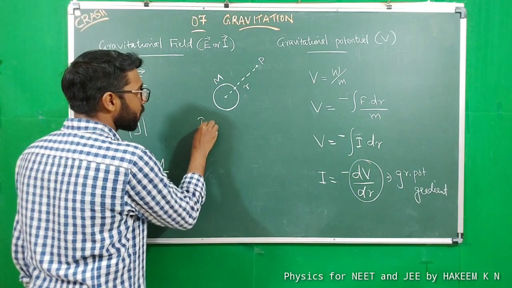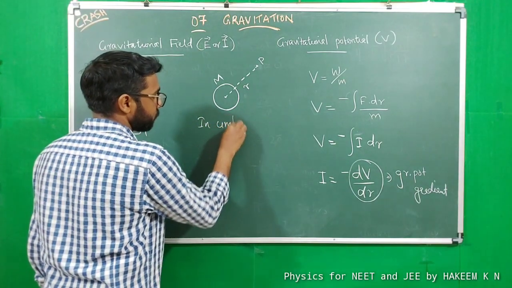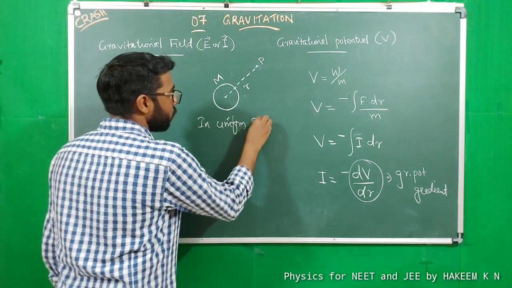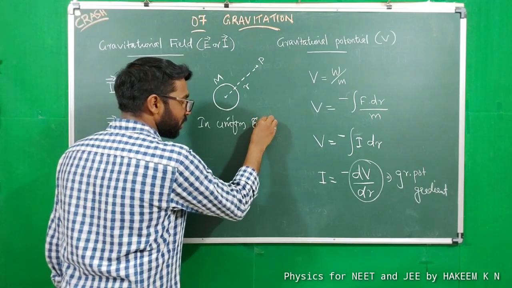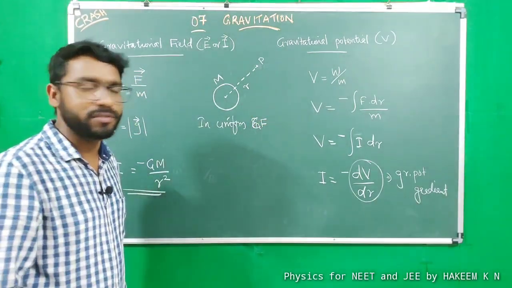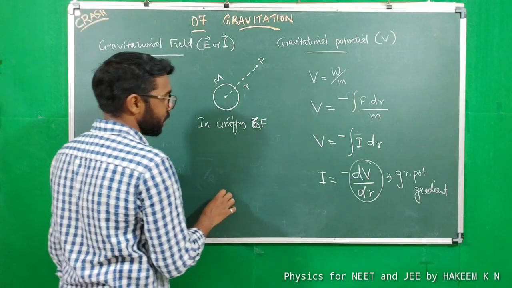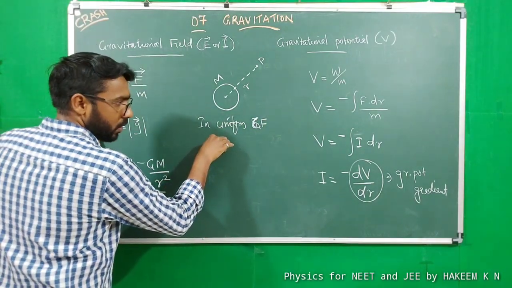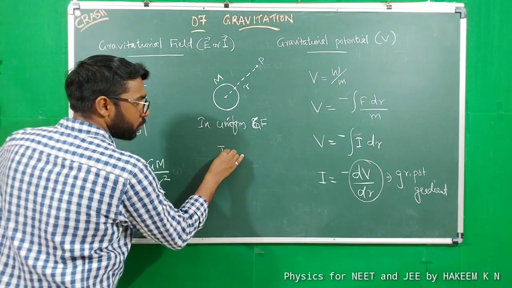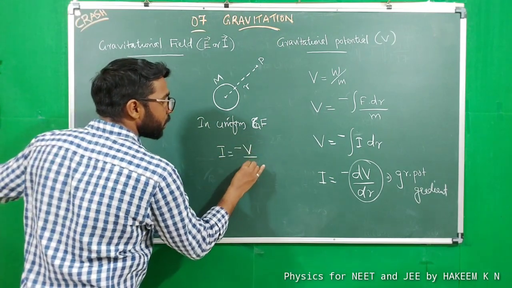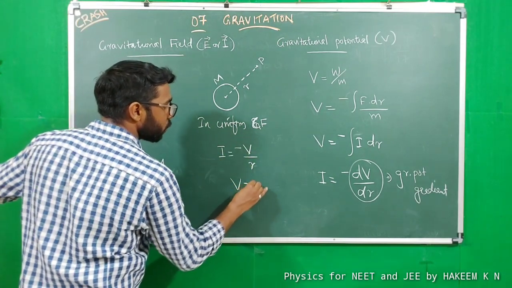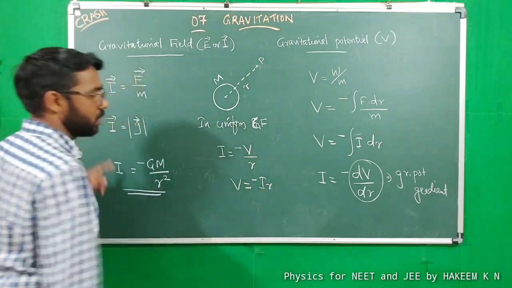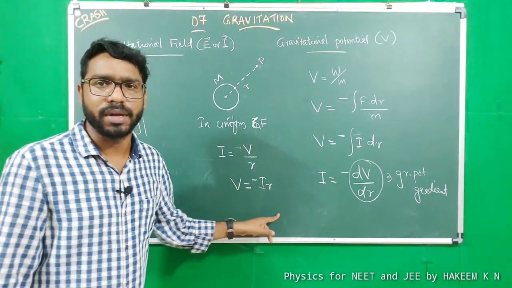In a uniform gravitational field, not electric field, we can say I equals minus V by R, or V equals minus IR.